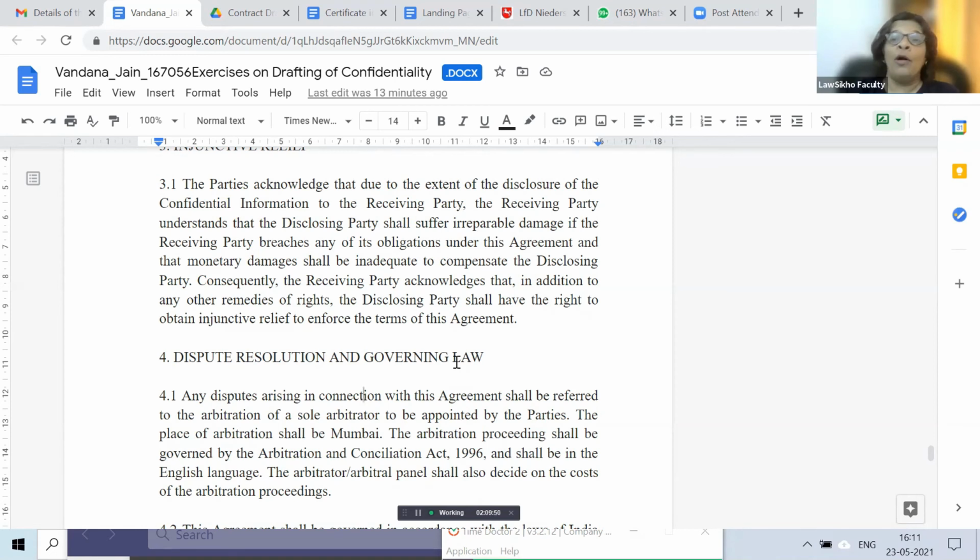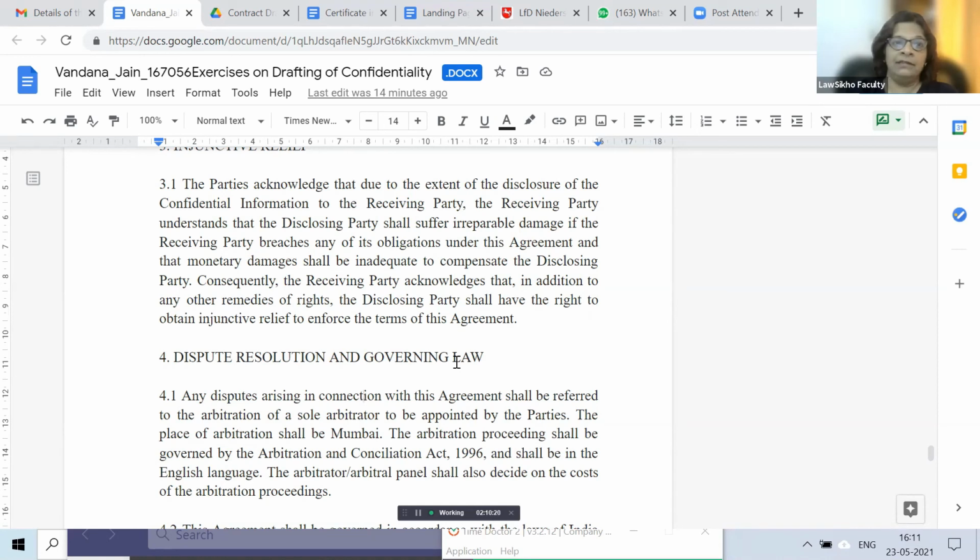I took all due protections and made all due efforts. In that situation, the court will see and determine accordingly. They will see that everything was done by the receiving party, and still this has happened. Sometimes you can't control things, so the damages will be decided accordingly. If there are lapses from the receiving party, and they are casual about doing all these things, then the damages will be higher.